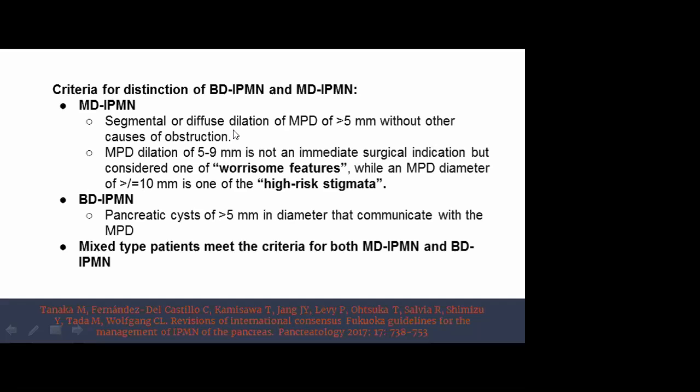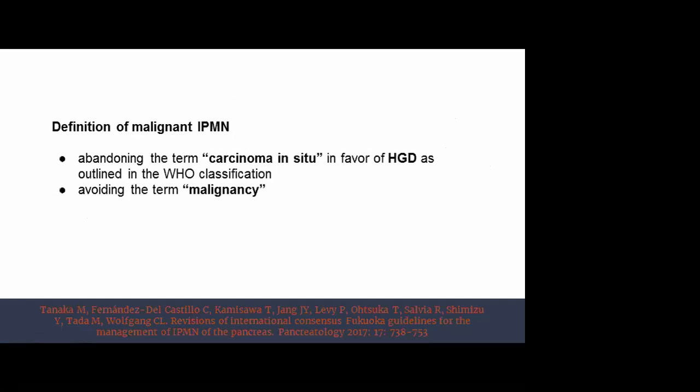A duct diameter of more than 5 mm is considered diagnostic of main duct IPMN, provided there is no other cause of obstruction. And branch duct IPMN is considered when there is a dilatation of a branch duct of more than 5 mm or presence of cysts of more than 5 mm, which communicate with the main duct.